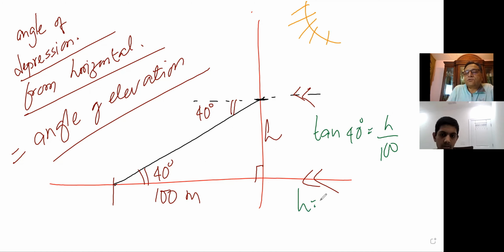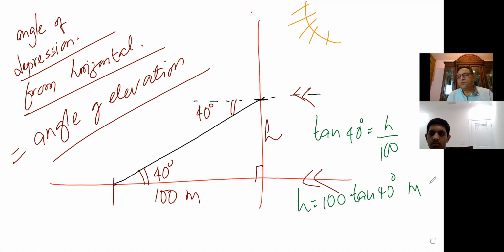So height equals 100 tan 40 degrees. In this case, we can use a calculator to find what tan 40 degrees is, multiply by 100, and write down our units in meters. Is that clear to you? So that is how we could solve a question based on angle of elevation and angle of depression.